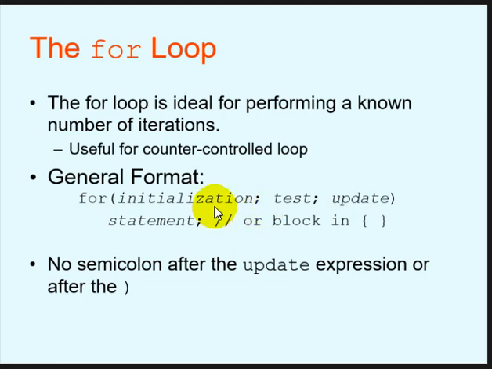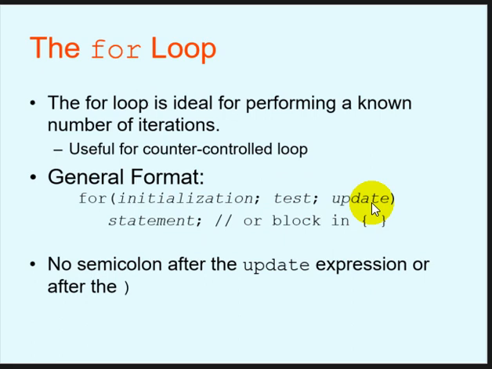You first have to initialize some variable. On the basis of that variable, you have to test the condition. Once the test is successful, it will execute the statement, or a block of statements if you put them in brackets, and then it will go to the update section.